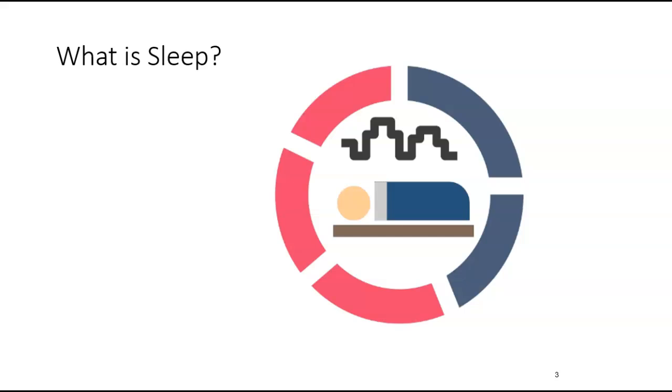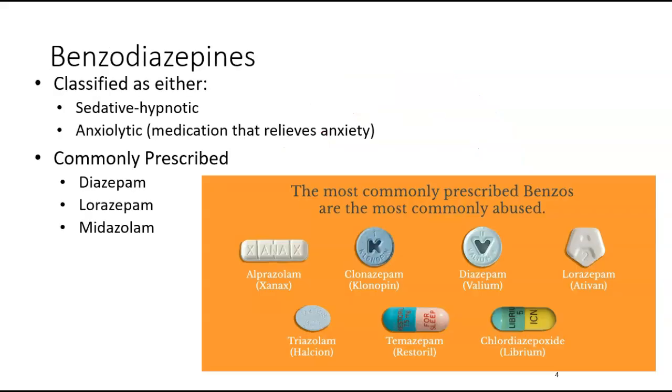All right, so let's look at what benzodiazepines are. They can be either sedative, hypnotic, or anxiolytic. So remember, meds that relieve anxiety. They are commonly prescribed. I have a picture here of some of the most commonly prescribed: alprazolam, clonazepam, diazepam, lorazepam, Halcion or triazolam, which I've never actually seen here.